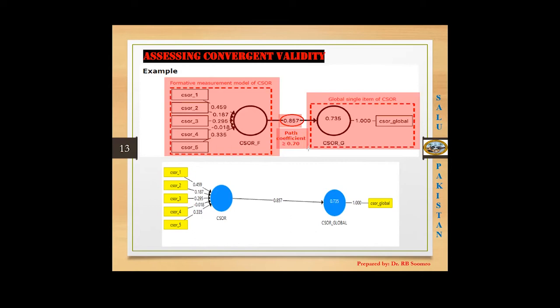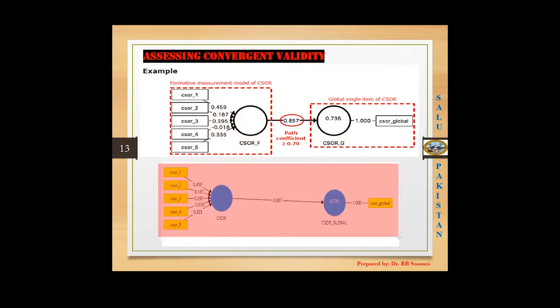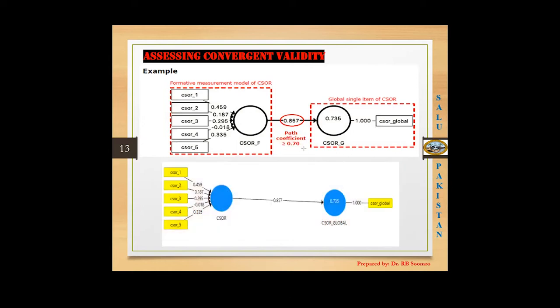If the path coefficient between the formative measurement model and this global single item is 0.7 or more, then the convergent validity has been established well. This is the SmartPLS model, where these are the different items, and we want to check the relationship between these. This relationship value is higher than 0.7, so its convergent validity has been established successfully.